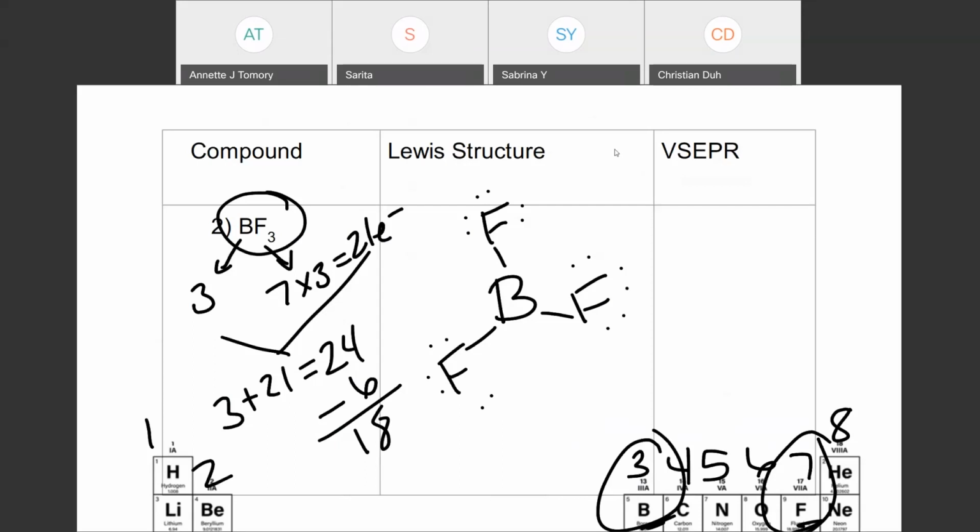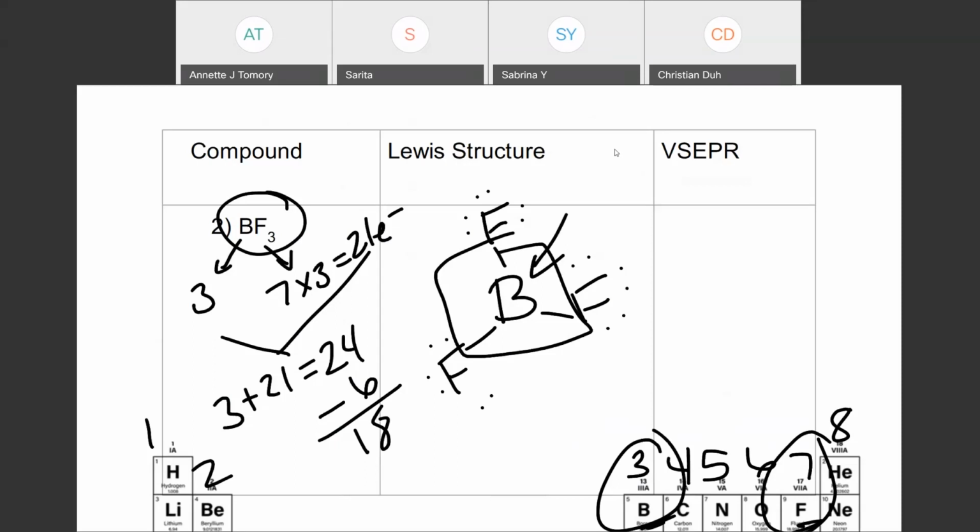Okay, so this boron here, is that an octet? No. Is it ever going to be an octet? It would have to have 8 electrons around it. Boron, because of the 3 lines, only has 6, but that's okay because boron will typically have 6.